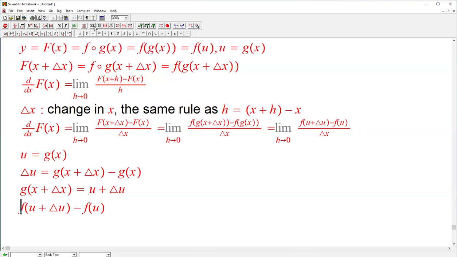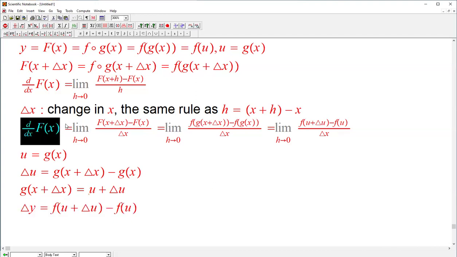So this is going to be the change in y, delta y. The notation is shorthand.